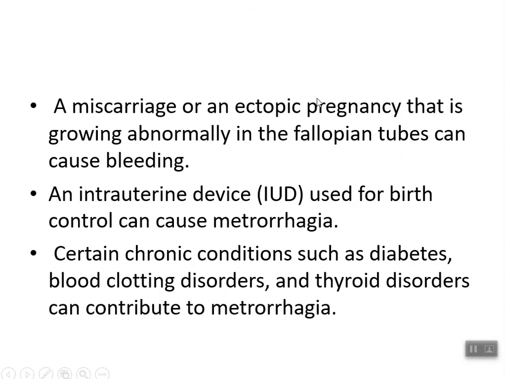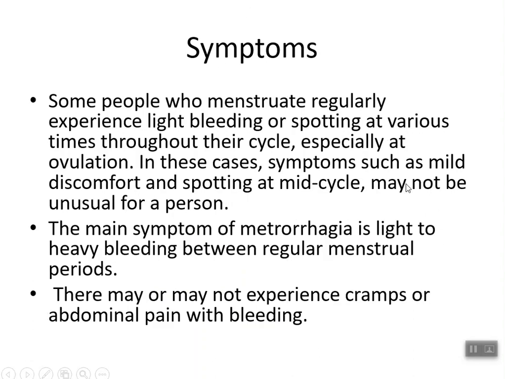Next, there is miscarriage, ectopic pregnancy, use of IUD, and certain chronic diseases. Symptoms, that is bleeding or spotting. The bleeding may be variable. Some women experience only spotting, some may experience mild and some heavy bleeding. They may or may not experience cramps and abdominal pain.